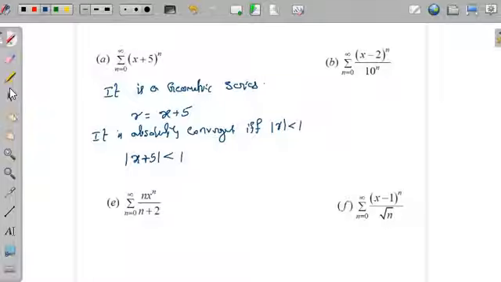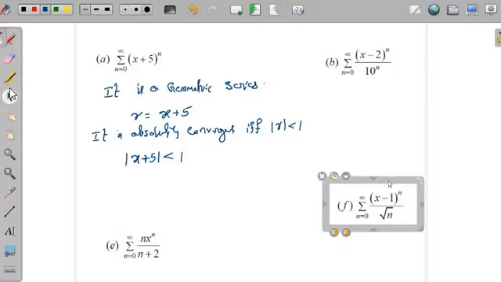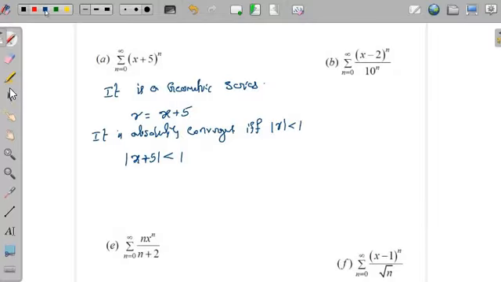Okay. So now I hope we are ready to write the radius of convergence. Why? Because this power series is centered at negative 5. So from the center, how much distance are you moving? Just the distance 1, because this will tell you the radius of convergence.